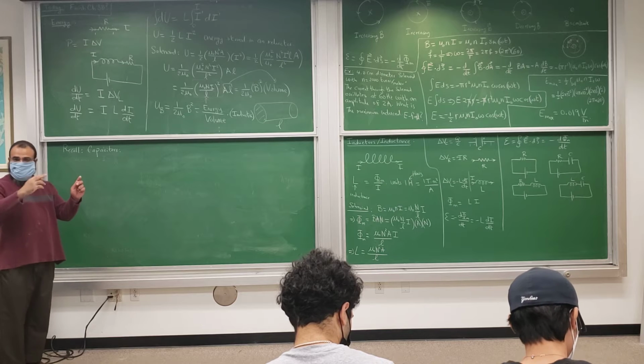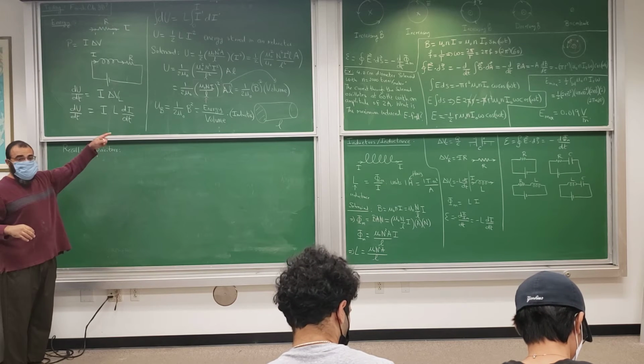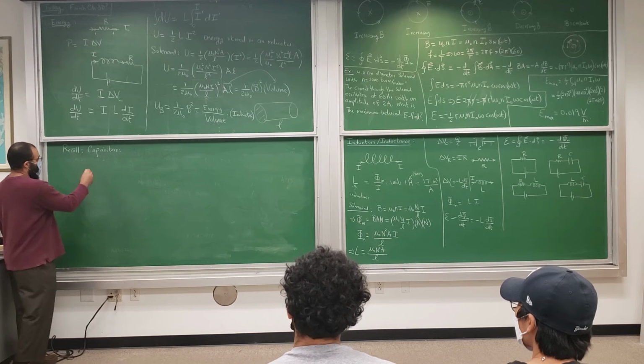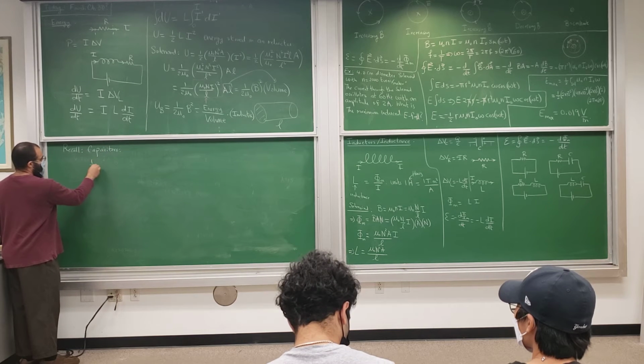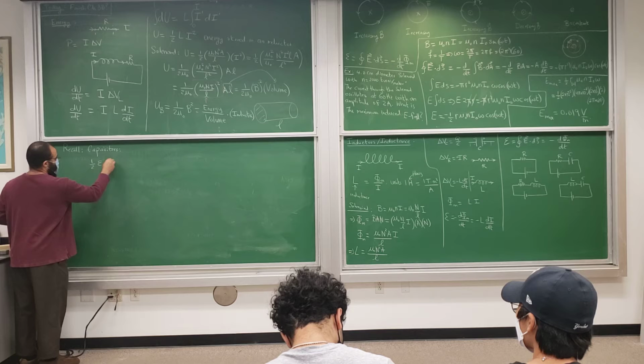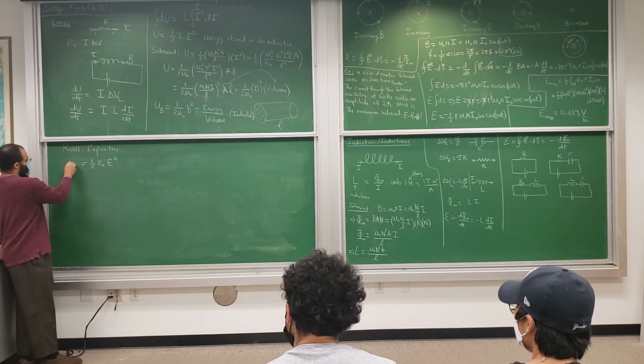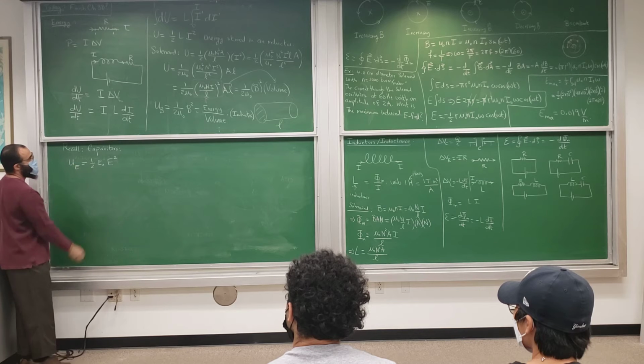Between the plates, you have an electric field. In an inductor, within the inductor, you have a magnetic field. So for capacitors, it used to be 1/2 of epsilon naught times the electric field squared. That was the energy density in an electric field.